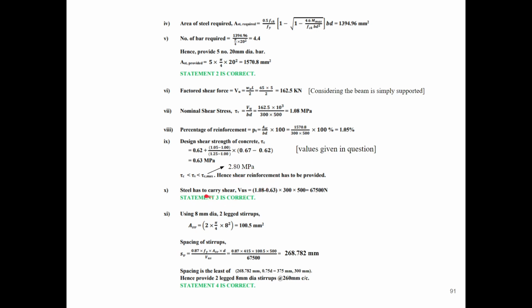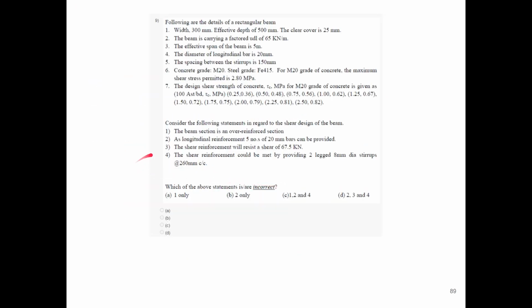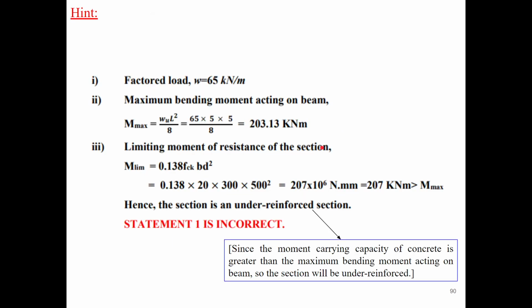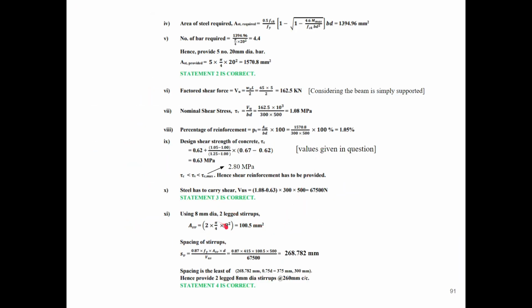So the stirrups have to carry how much shear? 1.08 minus 0.63 into 300 into 500, that is 67.5 kilonewton. So shear reinforcement will resist a shear of 67.5 kilonewton. So it is true. Let us assume two-legged stirrups of 8 mm dia. So Asv will be 100.5 mm square, and spacing will be 268.782 millimeter.